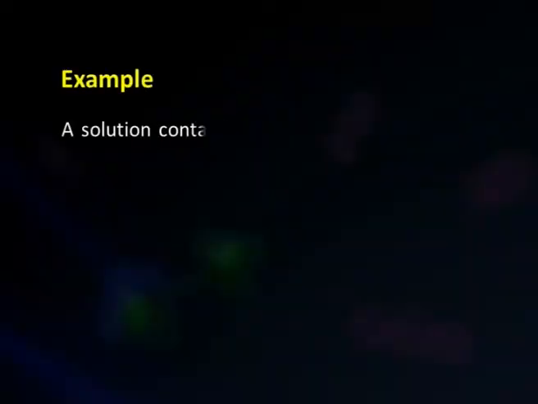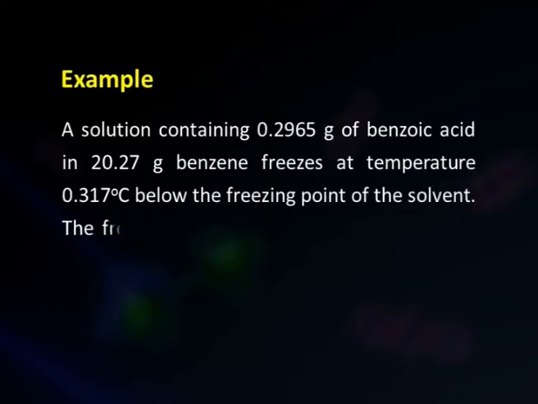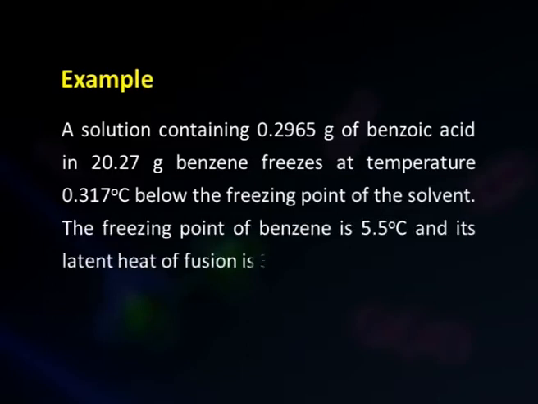A solution containing 0.2965 grams of benzoic acid in 20.27 grams benzene freezes at temperature 0.317 degrees below the freezing point of the solvent. The freezing point of benzene is 5.5 degrees Celsius and its latent heat of fusion is 30.1 calories per gram.